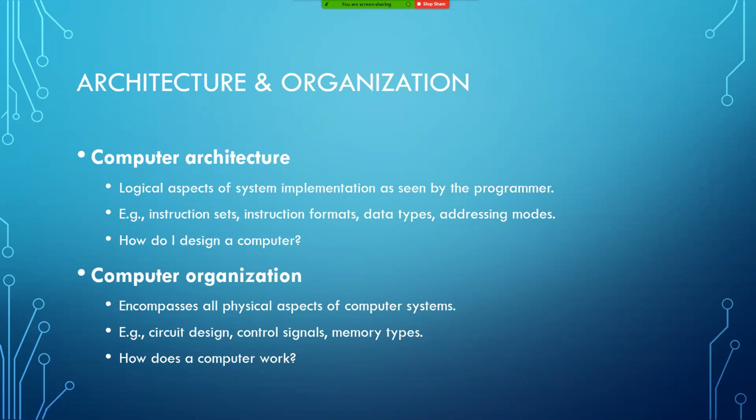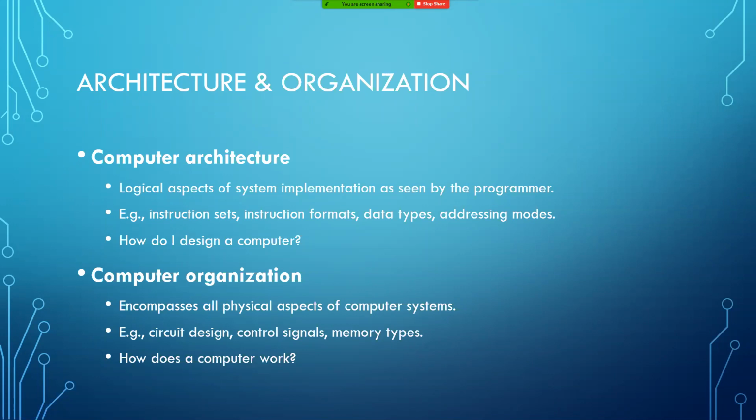hypothetically, right? But if you think about computer organization, it's completely opposite. It encompasses more of the physical aspect. That means we think about how the computer actually works physically, and that is computer organization. For example, how the circuit is designed in our motherboard, how the control signal passes from the motherboard to the RAM, the types of memory we have, how much memory we have, what the structure of the memory is.